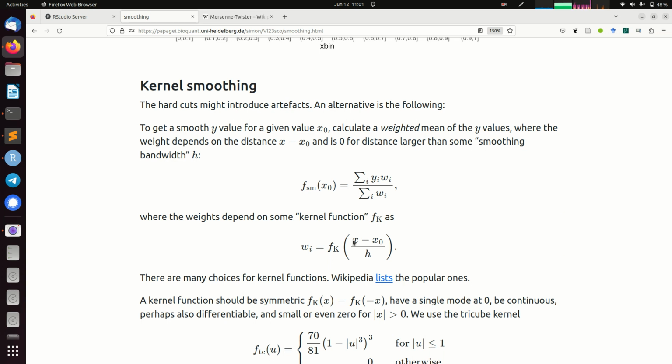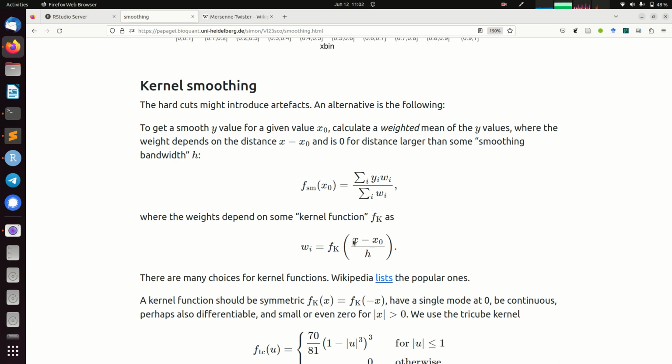And so to calculate the point at x naught, I take the average over all the y values, weighting each y value according to where this x value sits under the kernel. And for this to work, I have to define my kernel such that the function fk has this shape, 1, minus 1.